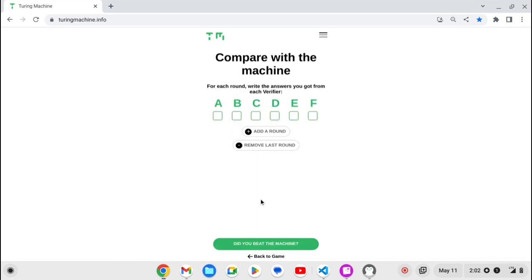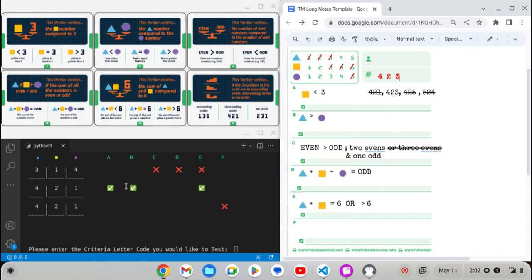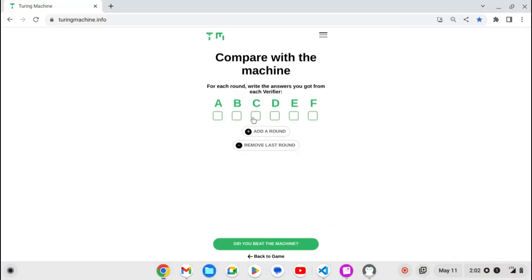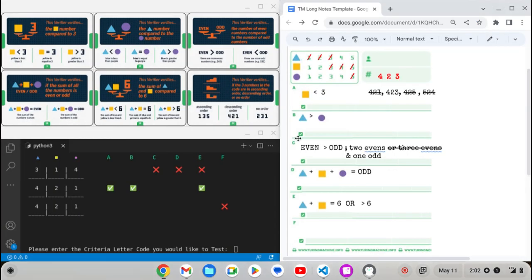But let's actually see how we did versus the machine. So C, D, E were all wrong. So let's go here, and C, D, E were all wrong. Okay. Next round, we were all right. We got them all correct.